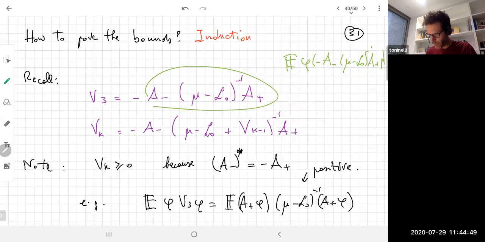Now you can move this A minus onto phi, it becomes A plus and it loses the minus. So it simply becomes A plus phi, mu minus L0 inverse, A plus phi, which is clearly positive because the operator mu minus L0 is positive. So these operators are positive, so there will be no problems inverting these things.